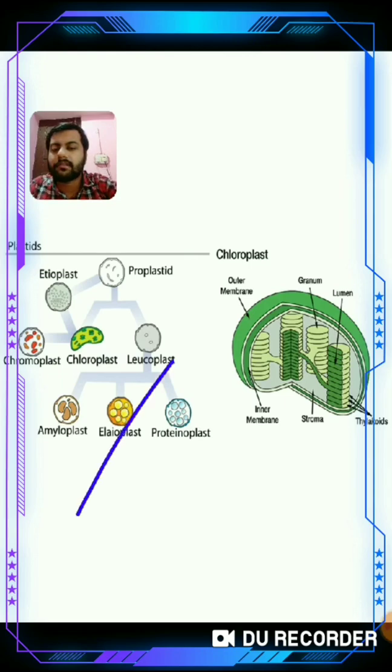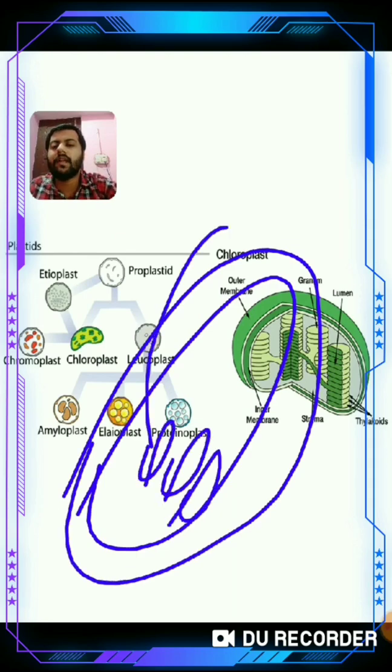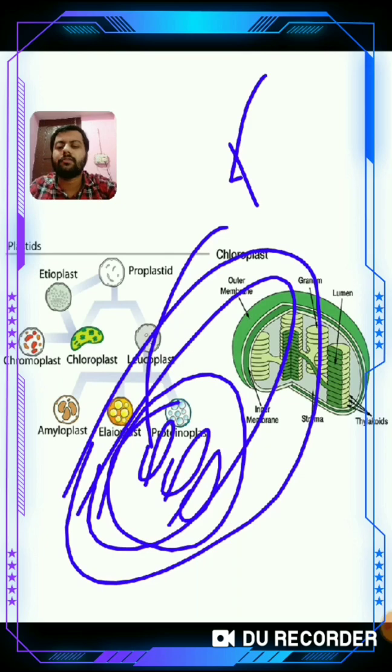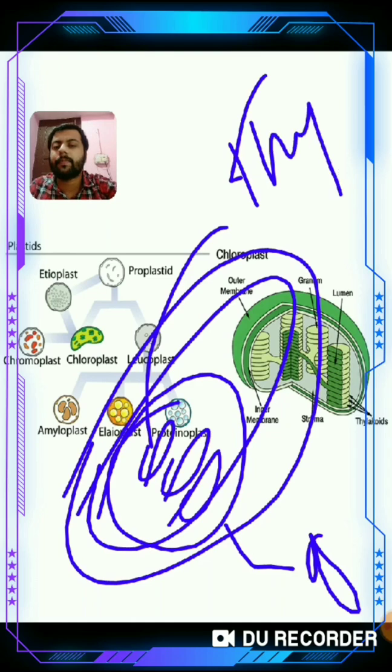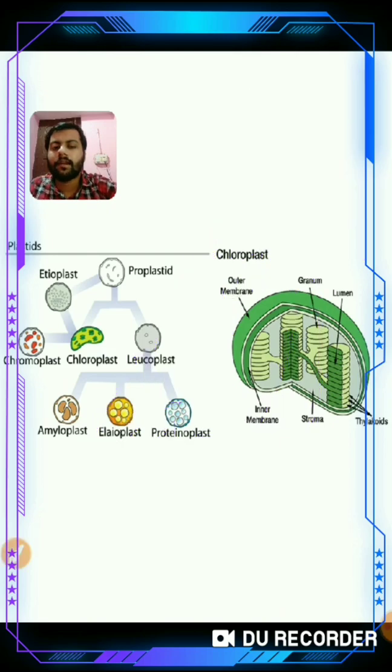This single one is known as thylakoid, and a group of thylakoids is known as granum.